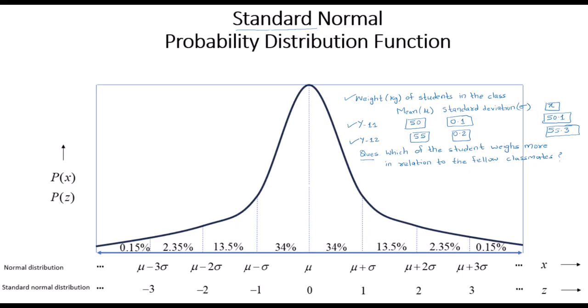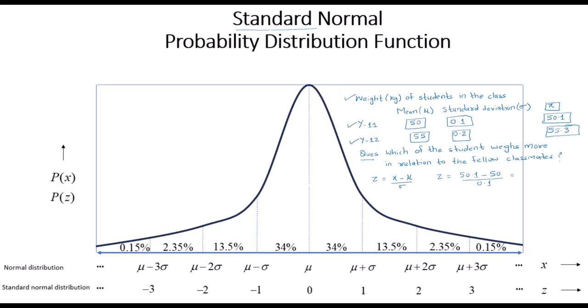So this is a classic scenario where we are required to compare with respect to the normal distribution. And we know that the only common scale which can be used is the z-score scale. So let's use the z-score given by z equals x minus mu over sigma. So if we calculate the z value for the first student in year 11, the weight is 50.1 minus mu 50 over sigma, which is 0.1.